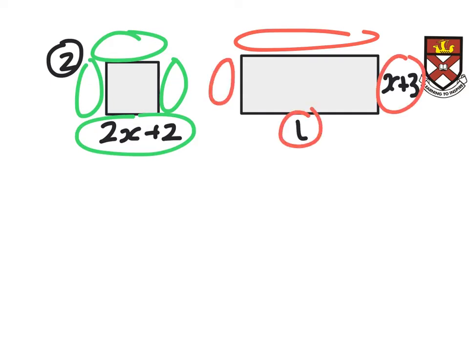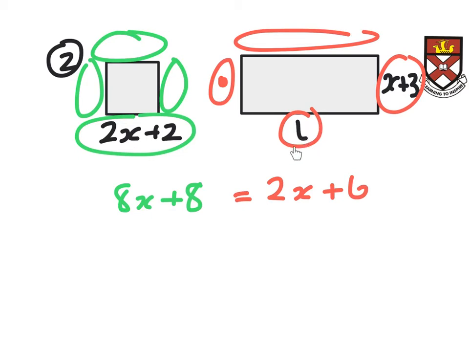If we add the green ones up first, there are 4 2x's and 4 2's, so the green perimeter is 8x add 8. If we add the red one up, there's an x plus 3 on either side, so that's 2x add 6.